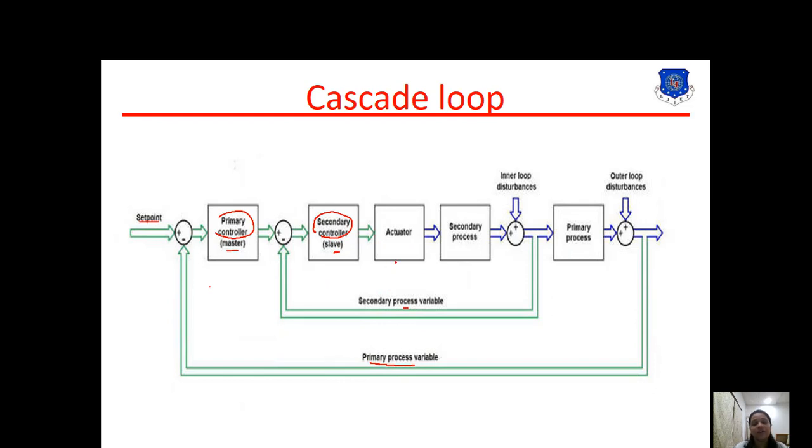If in the same closed loop system any disturbance and noise is present, then we can put a secondary loop in the same system and eliminate the noise and disturbance of the system. So these are the advantages of the cascade loop.